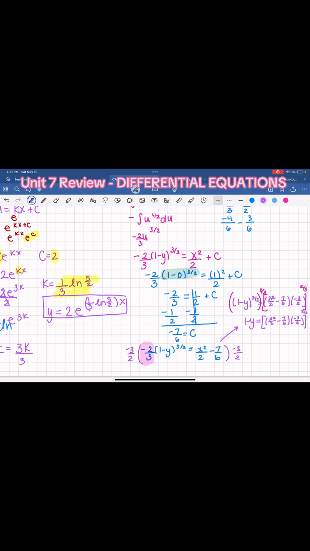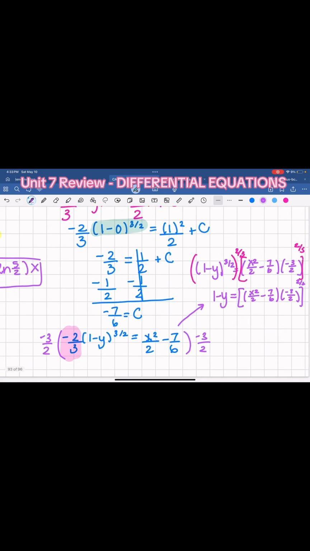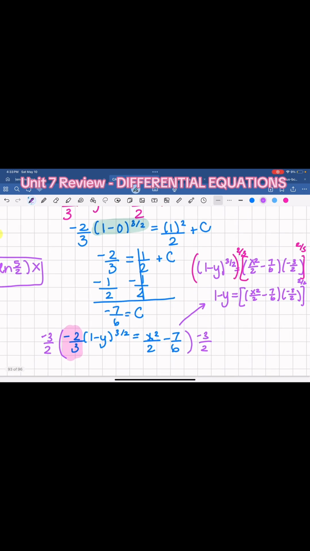I'm going to move the y to one side and move everything over to the other. So your final answer is going to be y equals 1 minus this bracket, x squared over 2 minus 7/6 times negative 3 halves to the 2/3 power. And that's my particular solution.